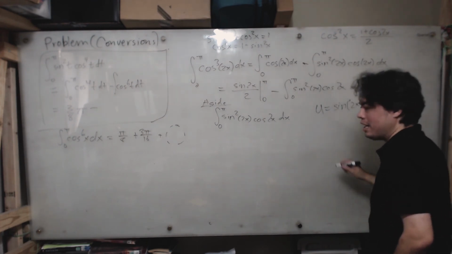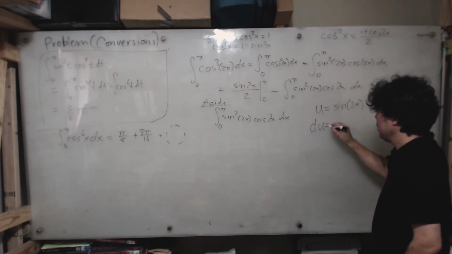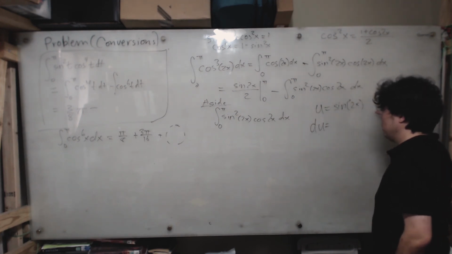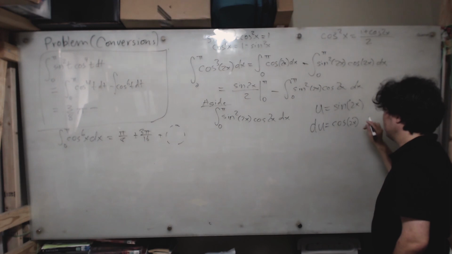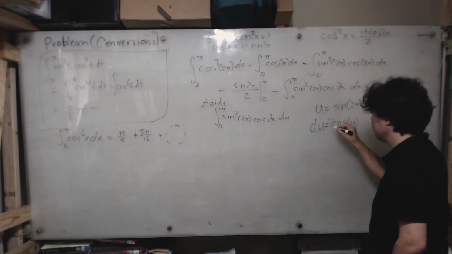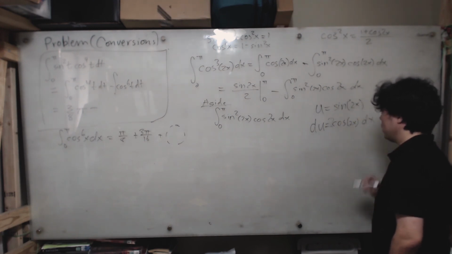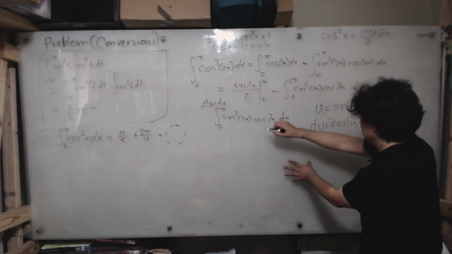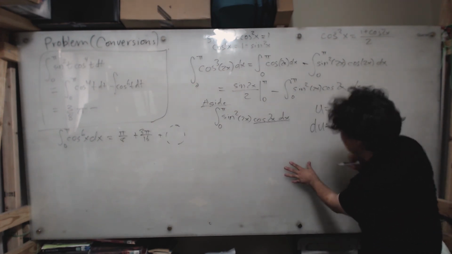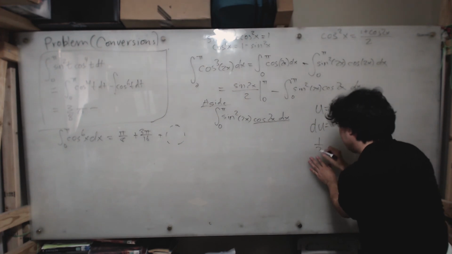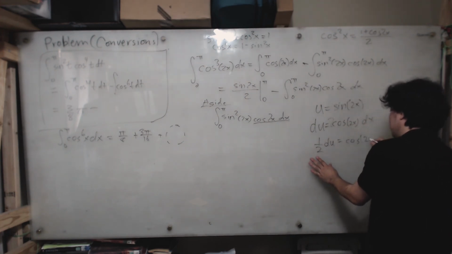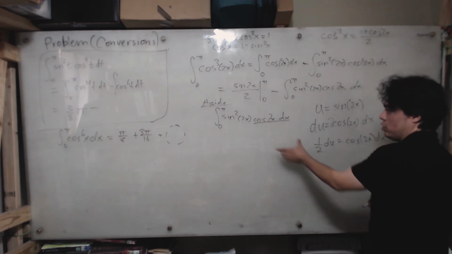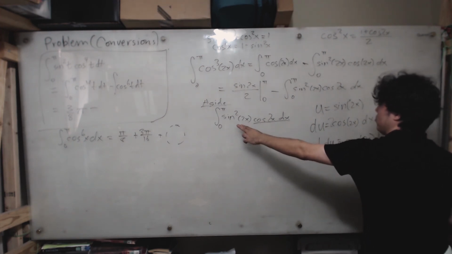Then my du, the derivative of this, is going to be cosine of 2x times the derivative inside, which is 2 dx. And if you notice, I have the cosine of 2x dx here. So 1/2 du will be exactly cosine of 2x dx. That's going to be my du, and that's going to be my u.